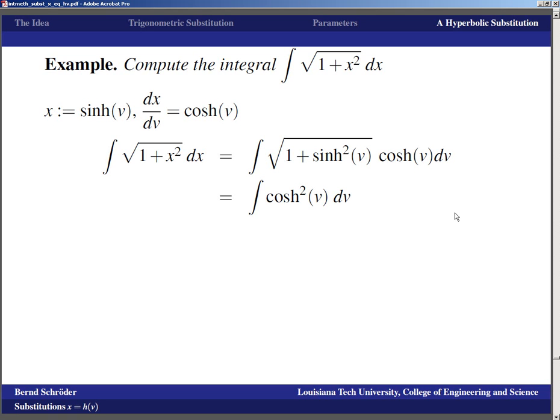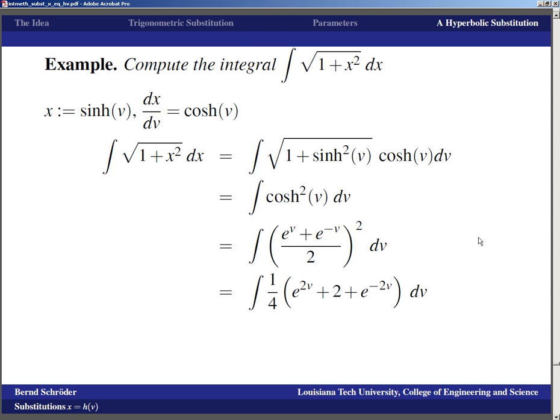So this is something that electrical engineers will see in circuit analysis, for example, or you could see it in complex analysis. But here we remember that the hyperbolic cosine is e to the v plus e to the negative v divided by 2, and then of course we have to keep the square. Well, we can multiply that out and then integrate the exponentials. That's certainly a lot easier than messing with hyperbolic identities.